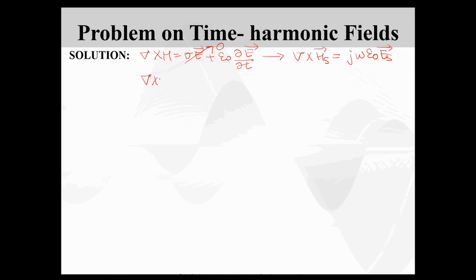Similarly, del cross E is written as minus dou by dou t of B, where B is mu naught times H. So it is minus mu naught times dou by dou t of H, which can be written as del cross Es, with the right hand side having dou by dou t replaced with j omega, minus j omega mu naught times Hs. That's the phasor form.